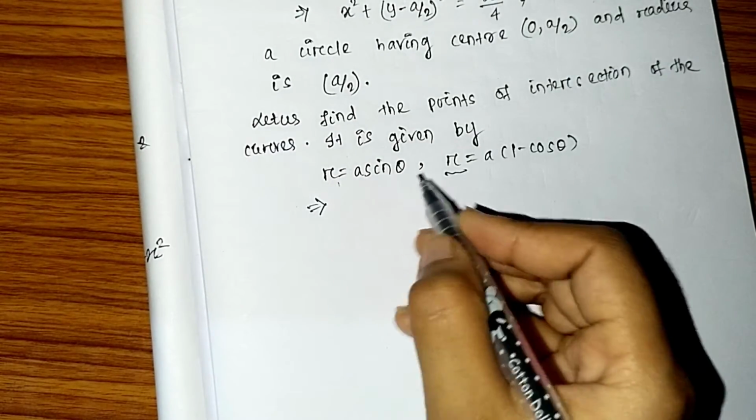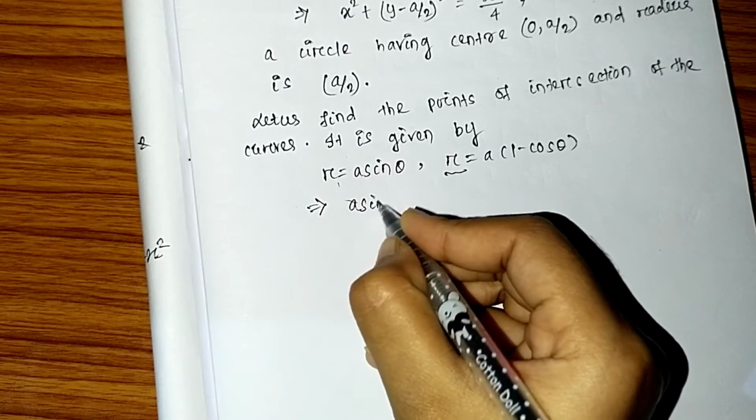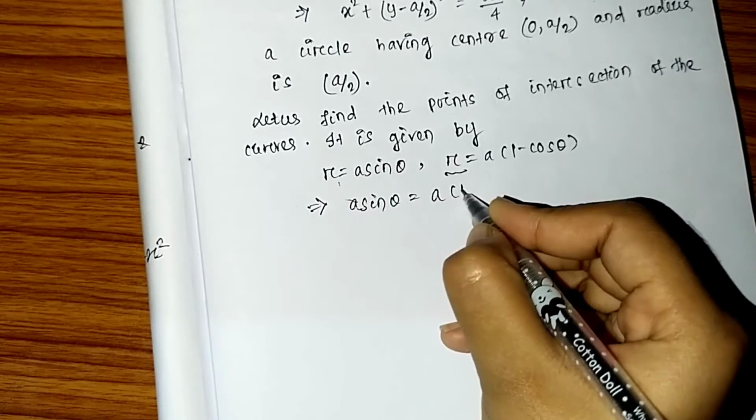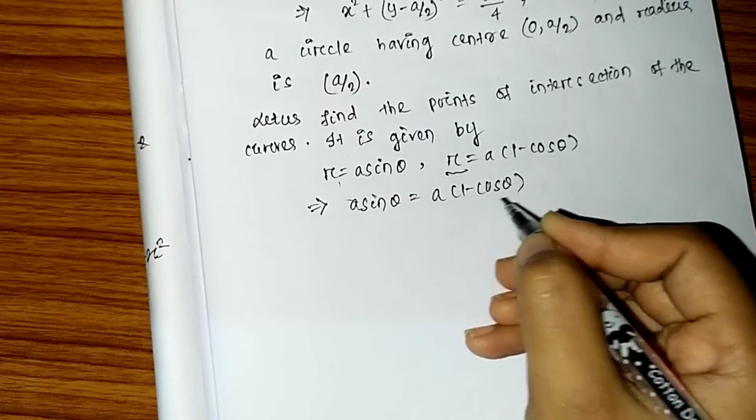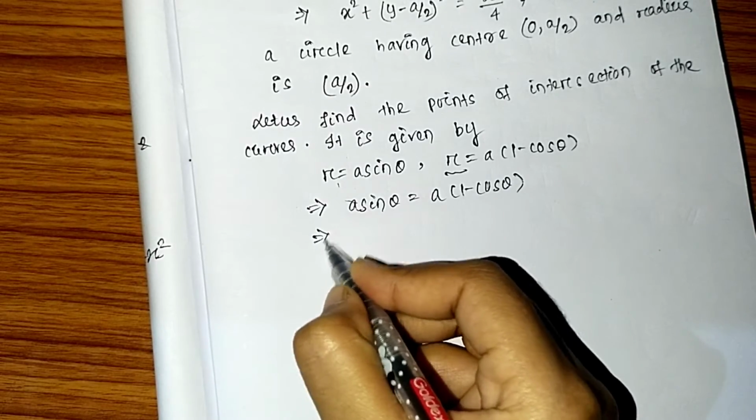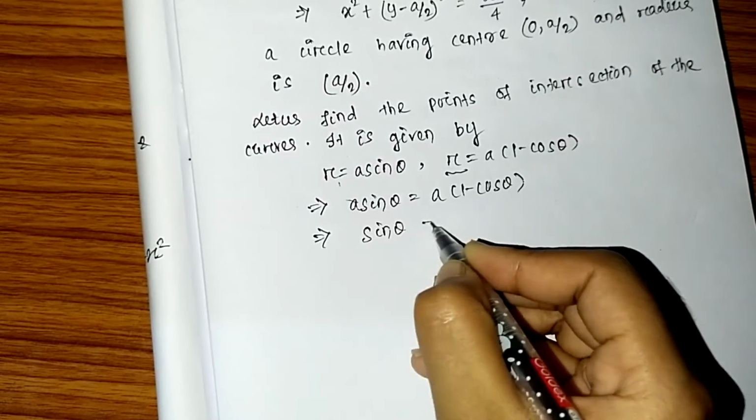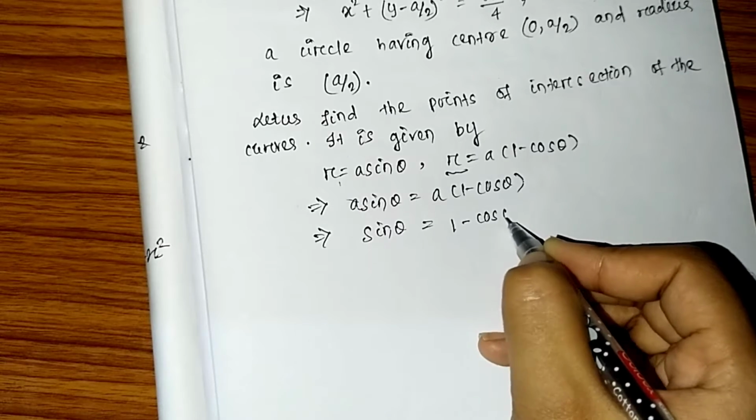Put here r equal to a sin theta. So a sin theta equal to a into 1 minus cos theta. The a cancels out, then we get sin theta equal to 1 minus cos theta.